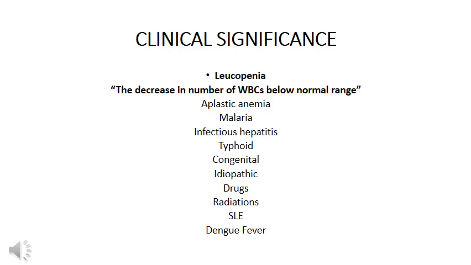So that is all about the total leukocyte count. It is an important thing. The clinical conditions leukopenia and leukocytosis are very important in case of MCQs and especially in clinical practice.